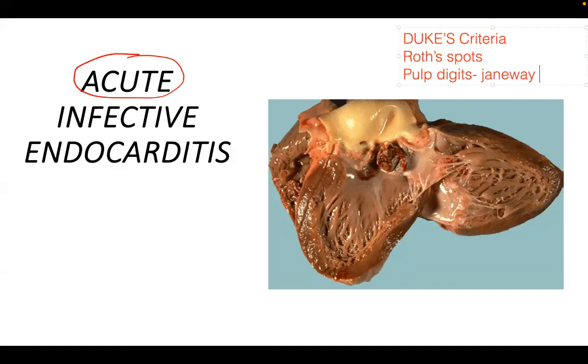Okay, what about the palm? The pulp, I stand corrected, is Osler's. The palm is the Janeway lesions. So please take note of that.